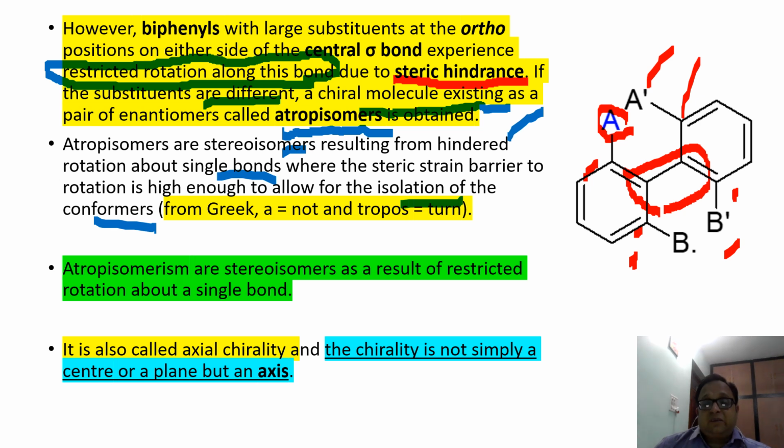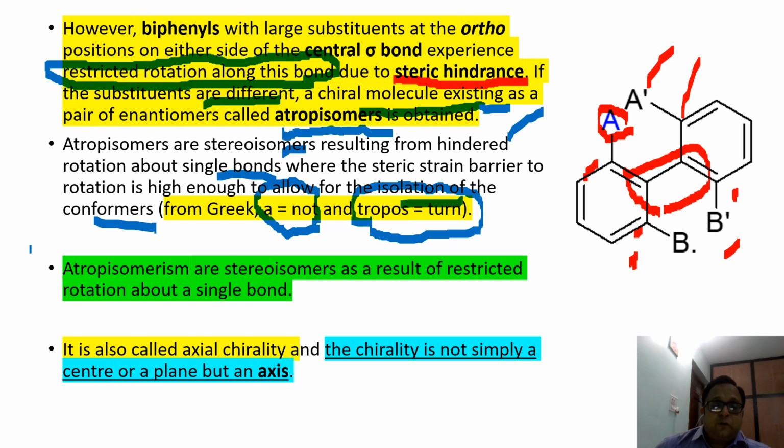Now if we look at the word atropisomerism, it is made up of three parts. A means not, tropos means turn, and isomers. So atropisomers result due to restricted rotation around a carbon-carbon sigma bond.